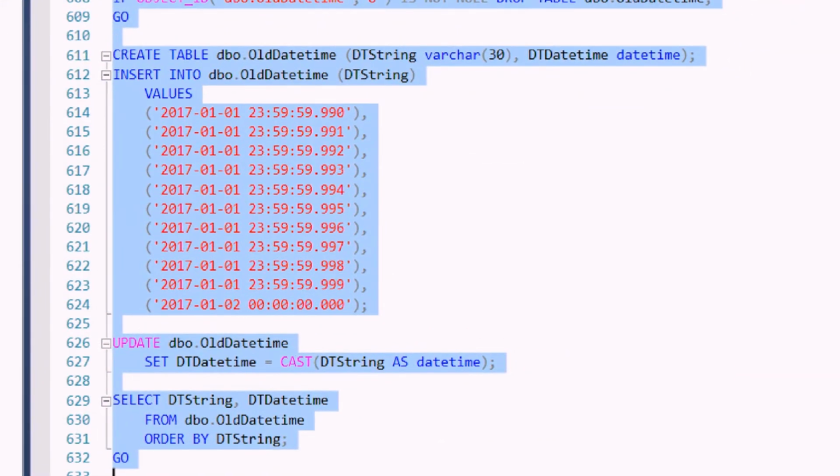Yep, 3 1/3 milliseconds. So I'm going to create a table with a string data type and a date time data type. I'm going to start out by just simply populating the string data type in the table. And then I'm going to update it, setting the date time column to casting those string values to its date time data type. And then I'm simply going to take a look at the result.